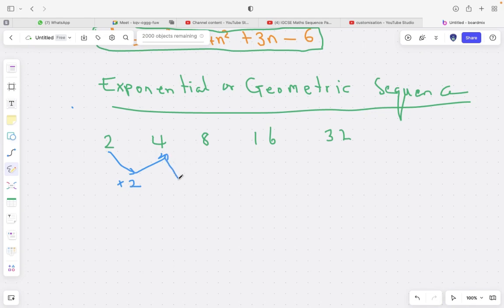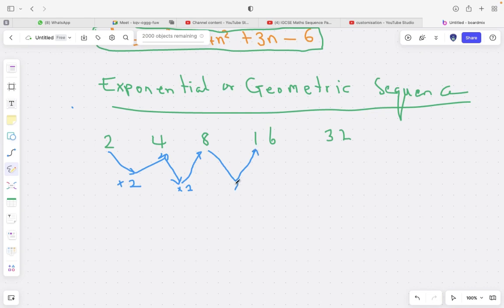To get the third term, you say the second term multiplied by 2 as well. So you can see the sequence is progressive by multiplication, or by division in case the numbers are descending. If the numbers are ascending, then it's by multiplication. So 8 multiplied by 2, you will get 16.